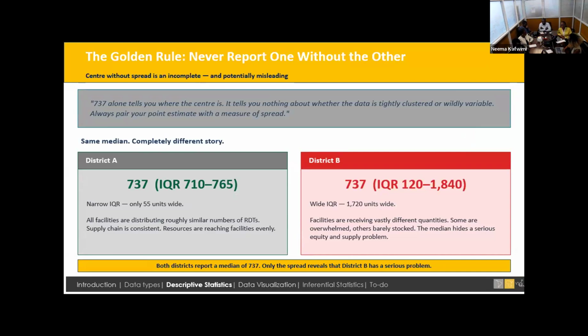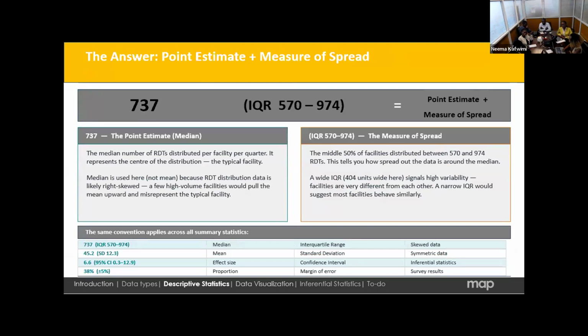So in this context, I'm repeating this. Thank you for raising that question. What we're trying to emphasize here is to always report the point estimate and the measure of spread. If you read a report that only tells you that the median is 737, it's misleading because you still do not have information on how the data is spread.